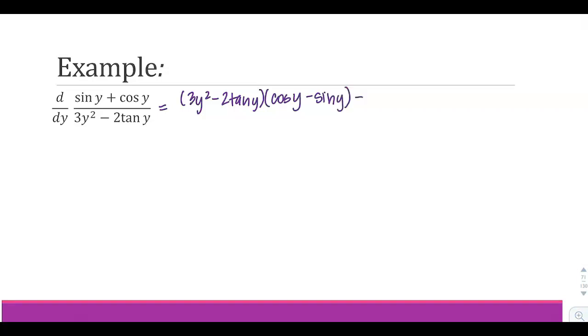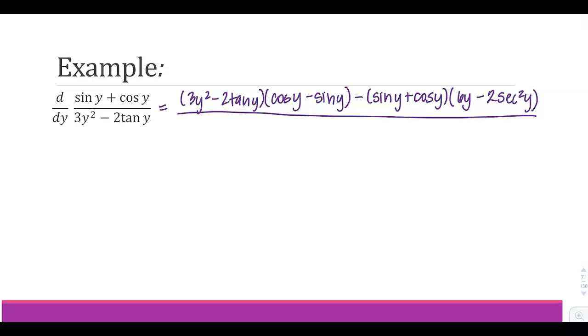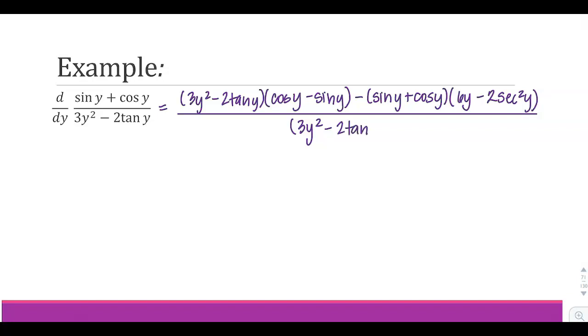Low d high minus high, sine y plus cosine y, d low. The derivative of the denominator is 6y minus 2 secant squared y. And then all over low squared, so 3y squared minus 2 tangent y all squared. And we will not attempt to simplify this answer.